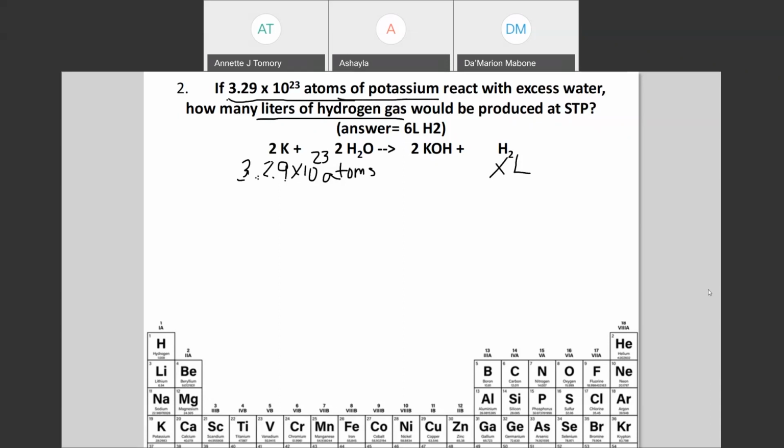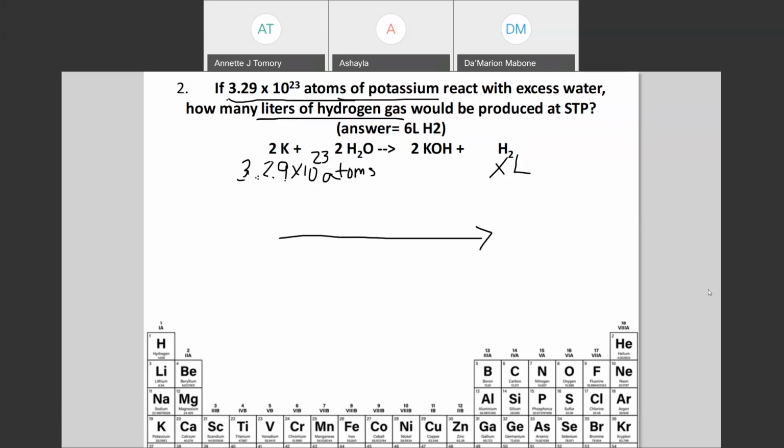Right? Do I see grams in here anywhere? No. So do I need the molar mass on this one? No. Is it staying in the same compound or is it changing compounds? Changing. So if it's changing, it's going from here over to here.